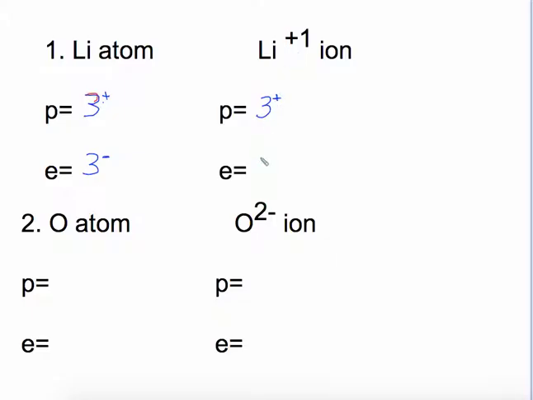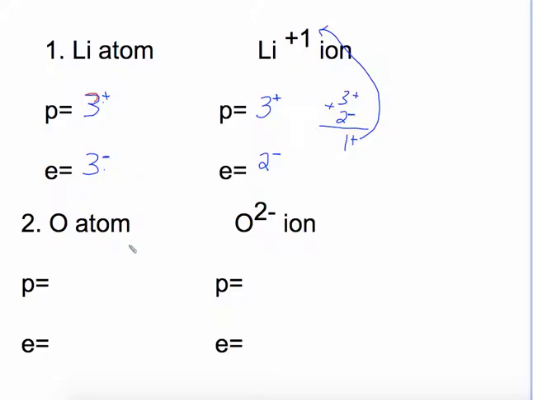That means it must have lost 1 electron, because normally it has 3, but if it loses 1, then it only has 2. 3 positive charges from the protons, 2 negatives from the electrons in the ion, gives you a net of 1 positive charge, which matches the charge on the ion. If you add together the protons, which are positive, and the electrons, which are negative, the total charges have to match the charge on the ion.